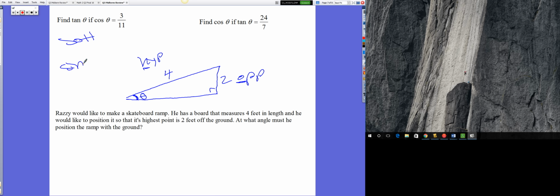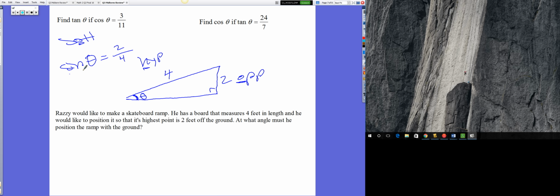So you're going to do sine of theta, and the fraction is going to be O on top, 2 and 4 on bottom.